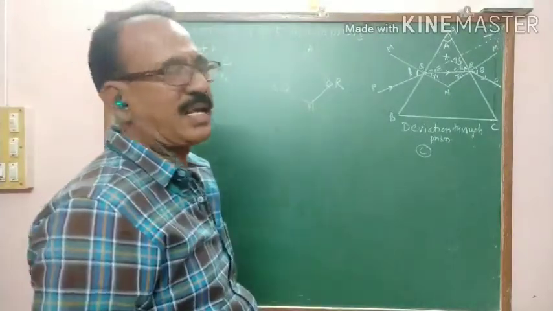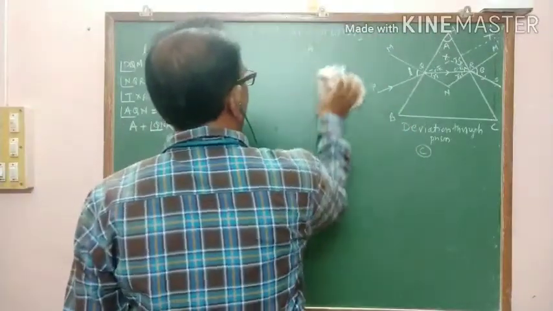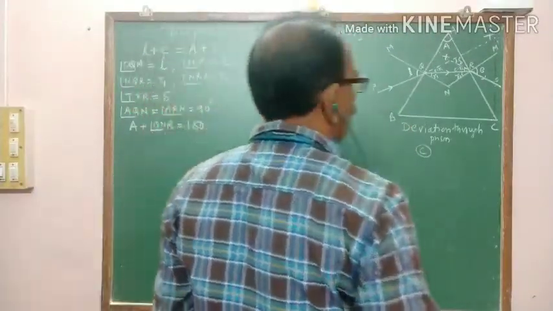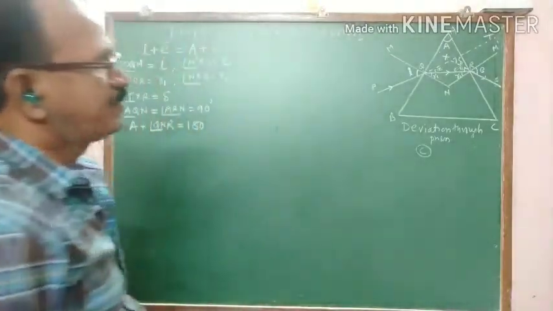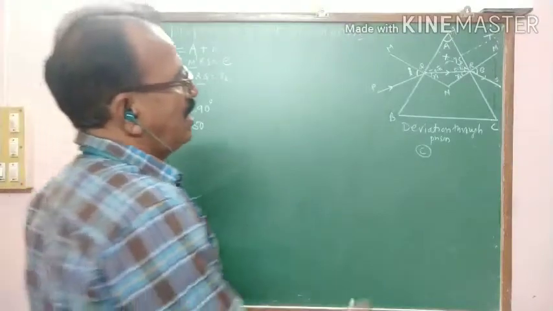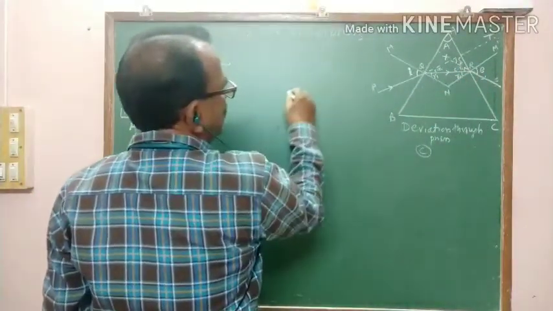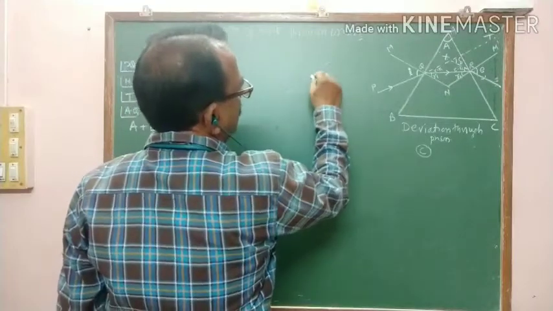So we have got A plus angle QNR is equal to 180.